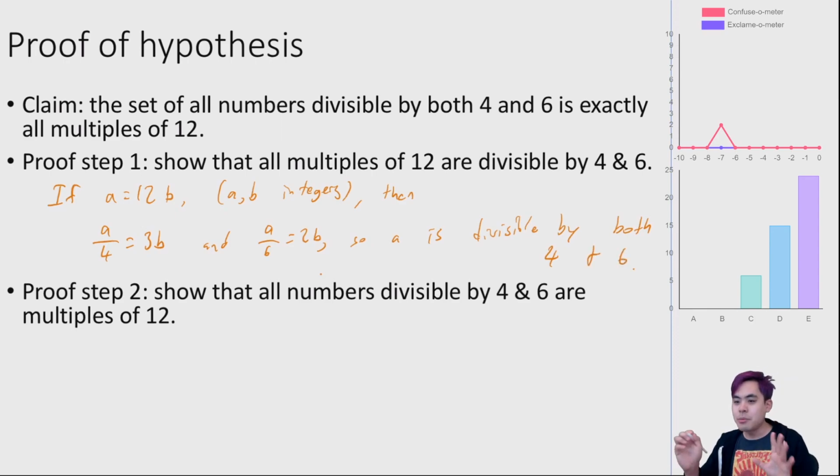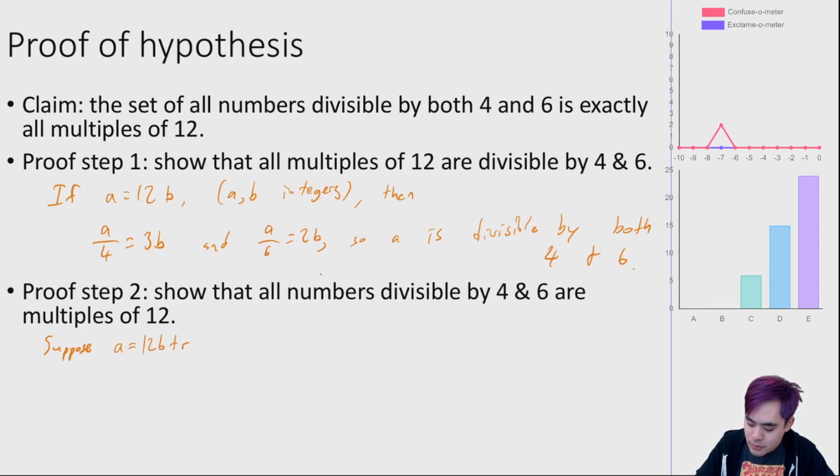The second part is a little bit harder. We're going to show that if something is not divisible by 12, then it can't be divisible by both, so we're going to show the opposite direction. Suppose a is equal to 12b plus r, where r is one of 1, 2 through 11.